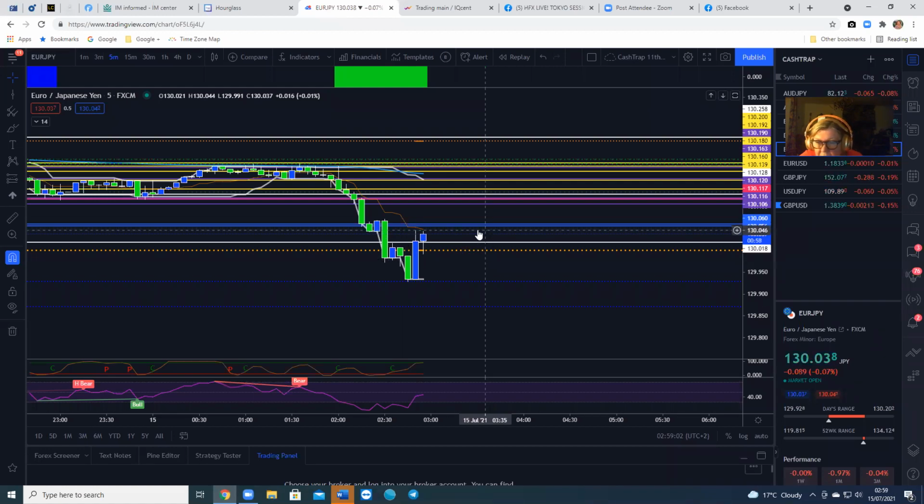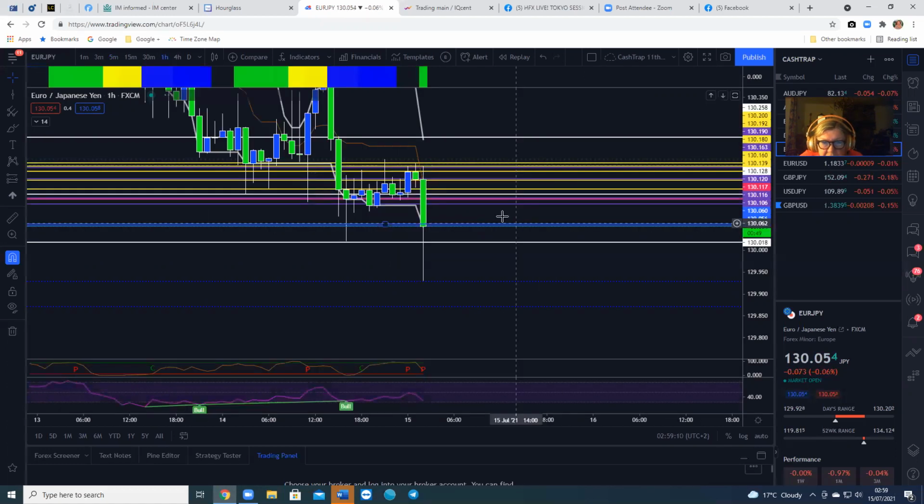That's that level at the 46. Oh, that's pushing up quite a lot, isn't it? Let's see how our hourly is going to close. It's a strong wick off that level.